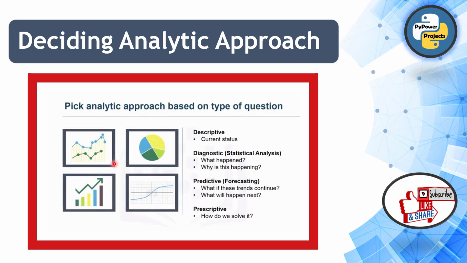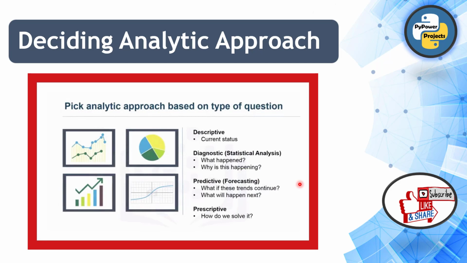So I will understand that my stakeholders want me to create a predictive model after the recession that is coming behind the COVID-19 pandemic. So what will be the trends of this company or organization or some project? Okay. So based on the question that has been asked and their goals and objectives, I decide the analytic approach.